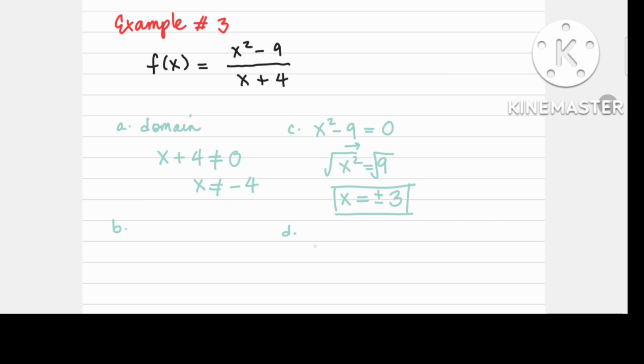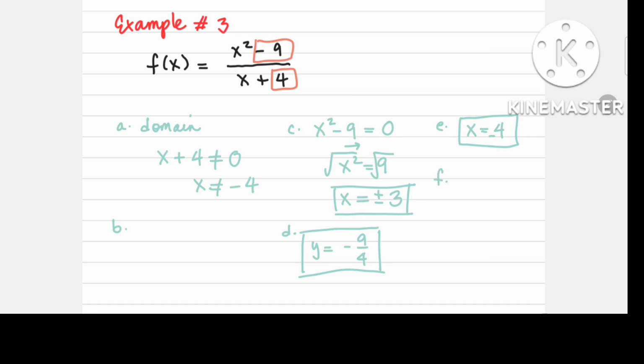While for the y-intercept, only the constants will be left, since all those with x will disappear. So y is equal to negative 9 over 4. For the equation of the vertical asymptote, since x is not equal to negative 4, then the equation of the vertical asymptote is x equals negative 4.